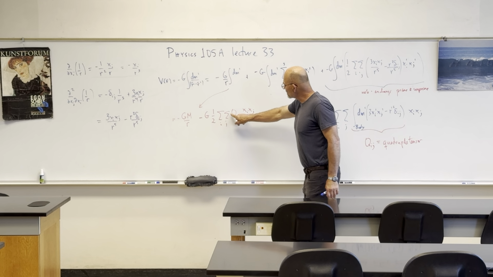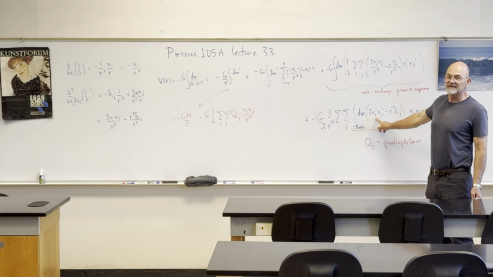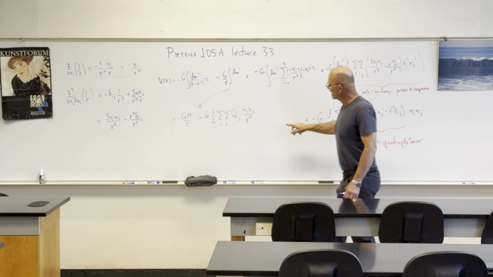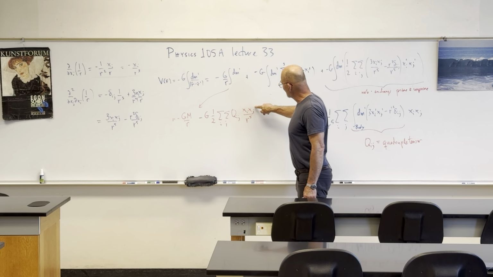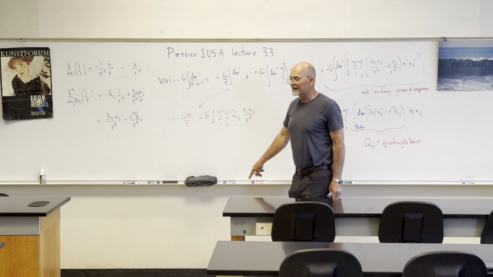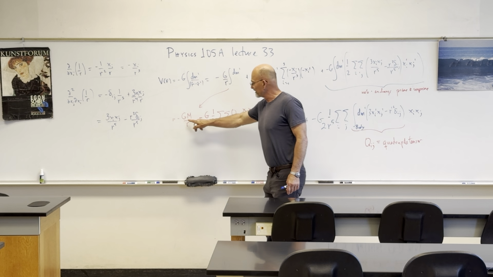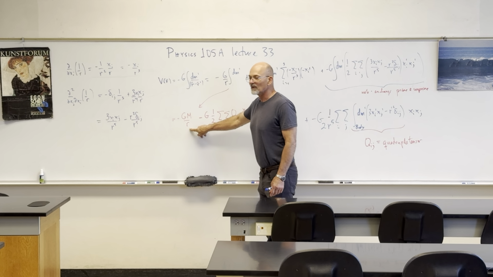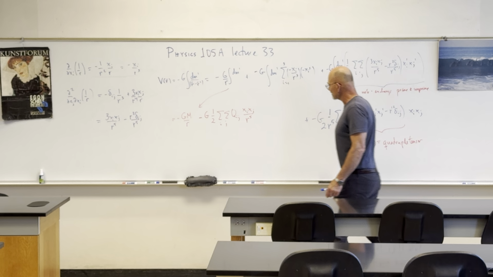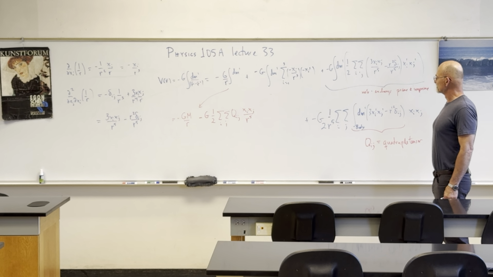You can see dimensionally these things are masses times lengths squared, right? And then here you've got length squared over length to the 5th. So dimensionally the whole thing comes out as it has to, G mass over length. So this is all about the mass distribution.